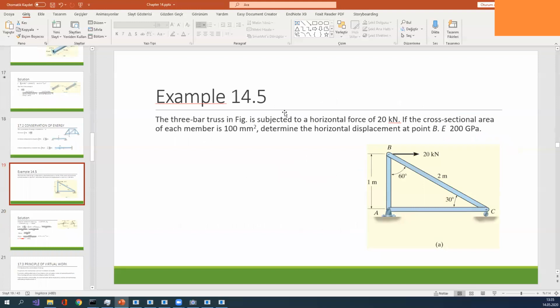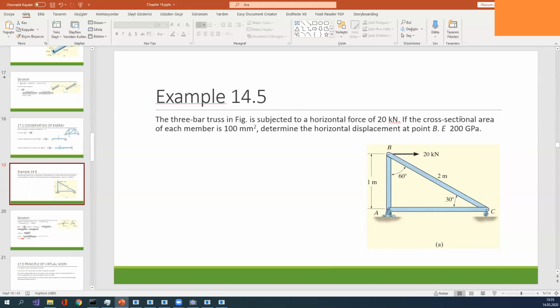Let's start with example 14.5. In this example, we have a three-bar truss system with an external force of 20 kilonewton. The cross-sectional area is 100 millimeter squared. Determine the horizontal displacement at point B. The modulus of elasticity is given as 2 gigapascal.